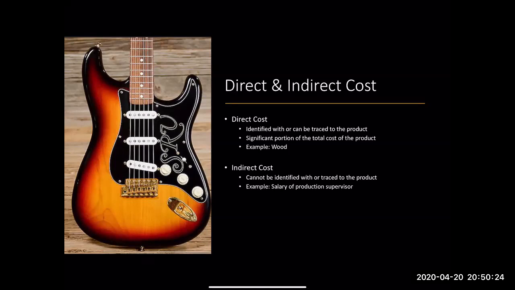They're in charge of scheduling people and making sure they take their breaks and things of that nature. So they're absolutely needed. However, they're considered indirect costs because they don't physically touch the product. They're part of the oversight of the product, if that makes sense.